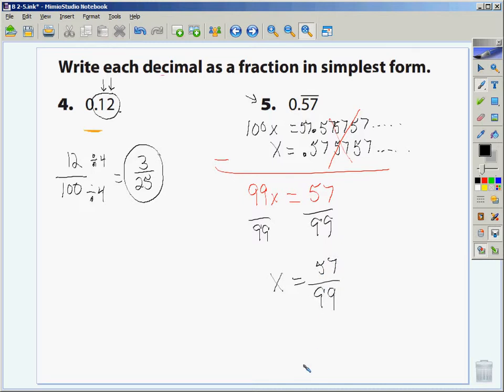And if you'd like to check the math, take 57 and divide it by 99 on your calculator and see what it gives you. I got 0.575757, and it might round the last number up to 8, but that's because the calculator doesn't keep track of that.